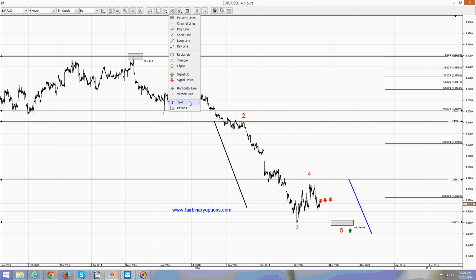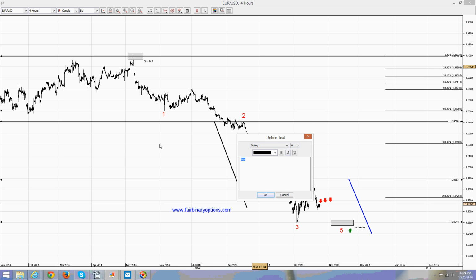So let's write here on the screen that the trading plan is, number one, looking to buy put options at the opening on Monday with end of week expiration date, first of all.